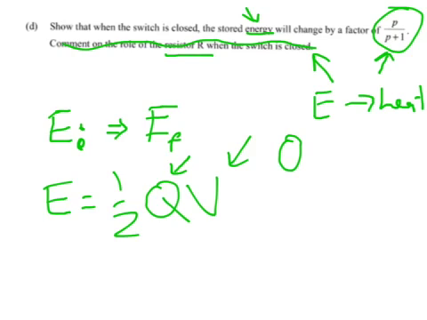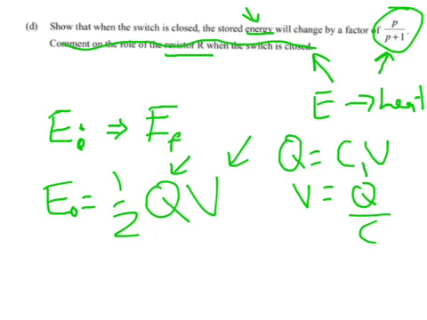We've got Q equals CV, and if we're dealing with the initial, we're only concerned with C1. You'll have to look back at the previous questions or have a tab open in your browser with the questions open on it, so you can follow this. We want to get rid of the V, so V equals Q over C1.